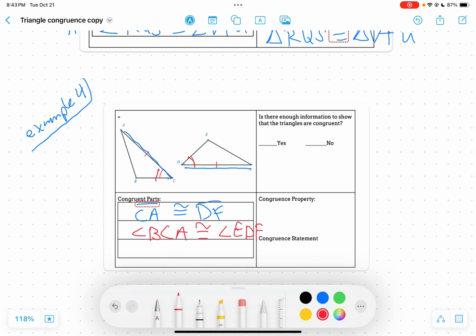But that's it. It's only 2 pieces of information, a side and an angle, which is not enough because the other side could be different lengths. And so I cannot show that these triangles are congruent. It's not enough information. So we'll practice that more in class, looking at the diagrams, breaking down the congruent parts, and deciding if there's enough information. And the triangles will get trickier with some parts of them touching. So make sure you have these 4 examples down to follow along when we learn this in class tomorrow.